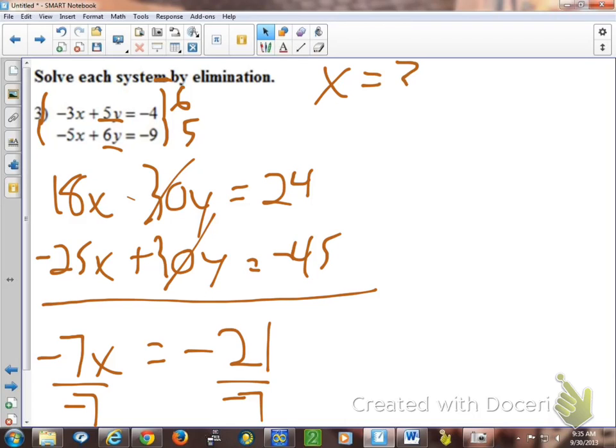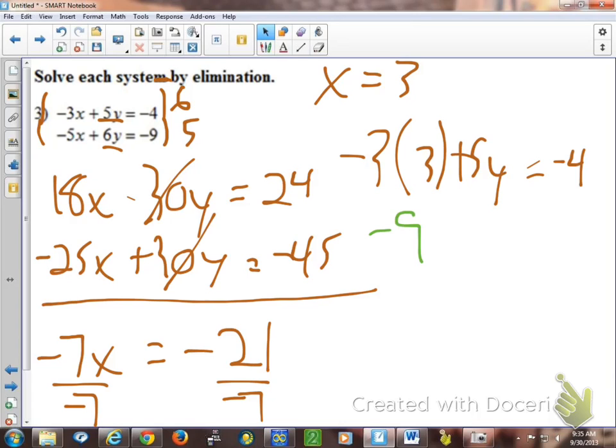3. Very good. If I take that 3 and plug it into one of my originals, I'll plug it into the top one. So that's -3 times 3, plus 5y equals -4. Let me change colors to help us follow this. So that'll be -9 plus 5y equals -4.